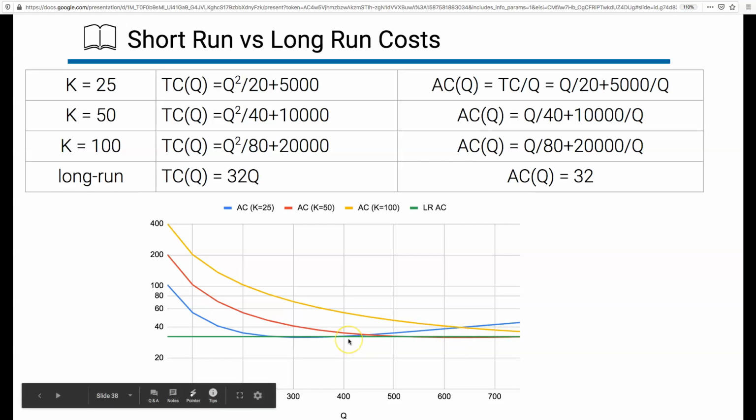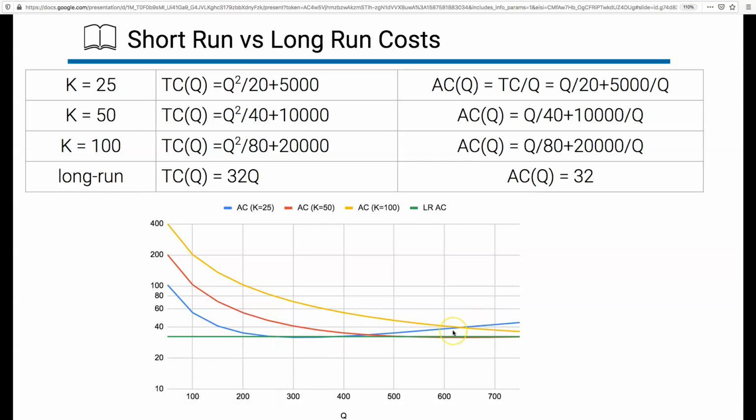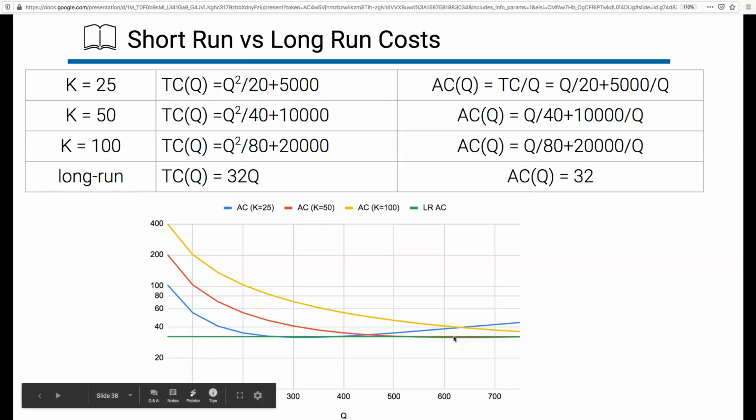You want 400, minimum cost $32 per unit. You want 400,000, average cost is going to be $32 per unit. Constant returns. No reduction in costs or increases in costs as you scale things up.